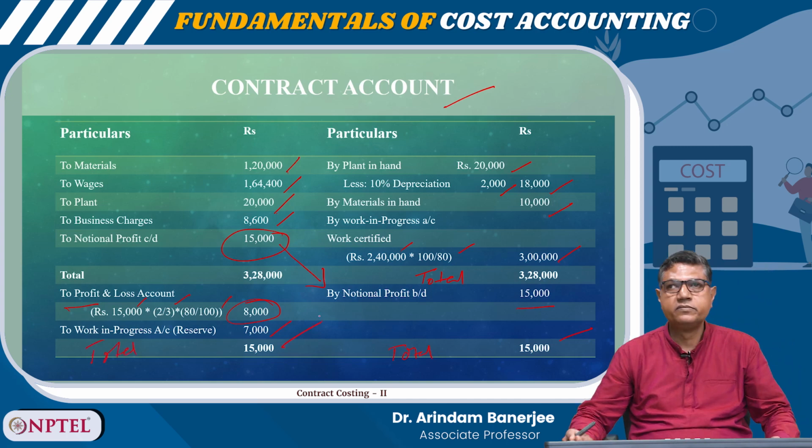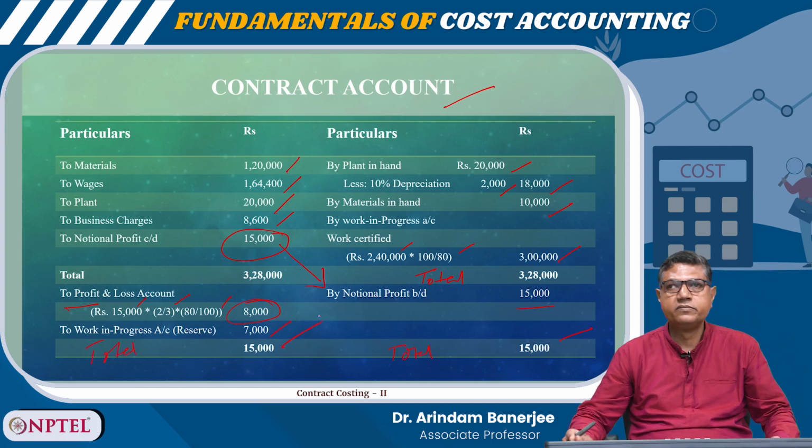The contract price is 2,80,000 and rupees 1,68,000 has been realized in cash up to 31st March 2023. Calculate the proportion of profit to be taken to the profit and loss account of 31st March 2023 under different methods.